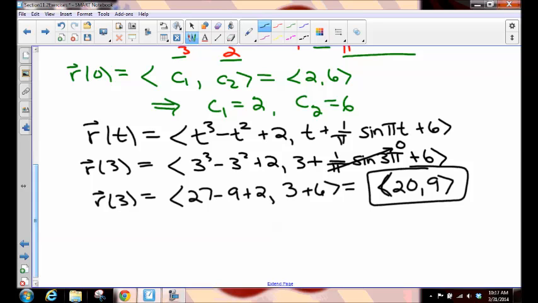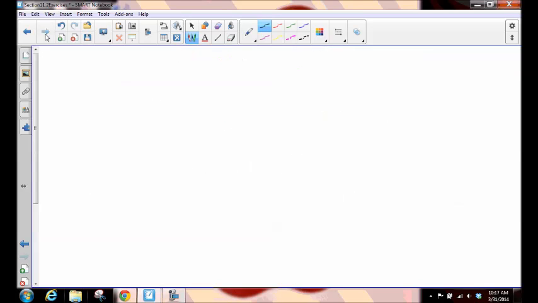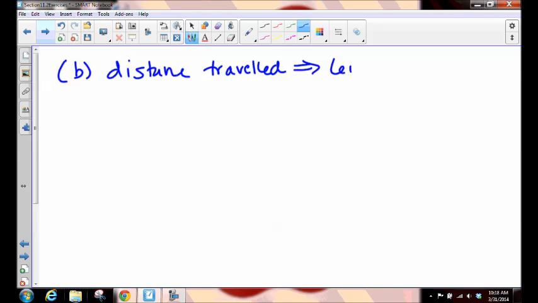Now, part B asks us to find the distance the particle travels from t equals 0 to t equals 3. So I'm going to go to a new page here. If I'm talking about the distance traveled, then I'm talking about the length of the curve.